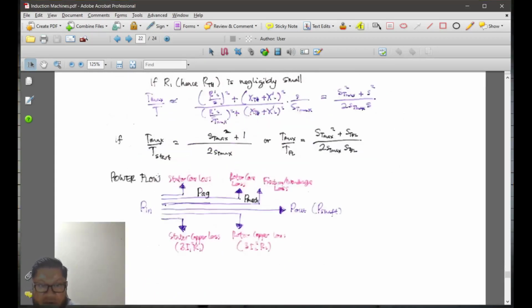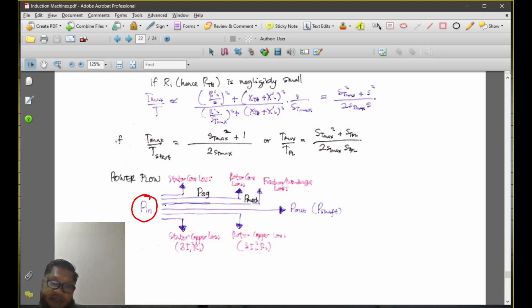And this is the power flow. Starting from the input power on the stator side, we have stator copper loss and stator core loss. That will give you the air gap power, PAG.